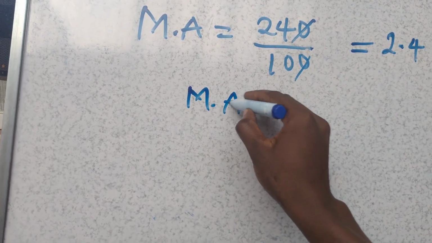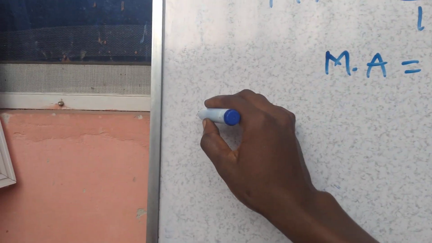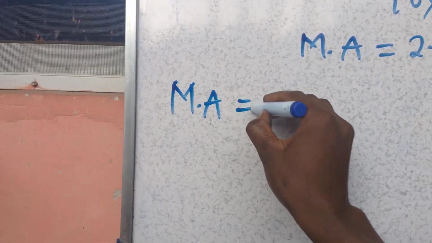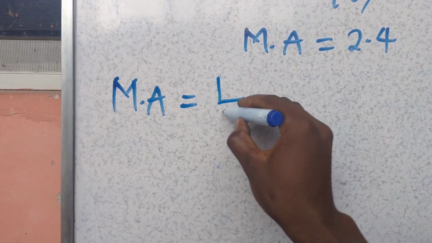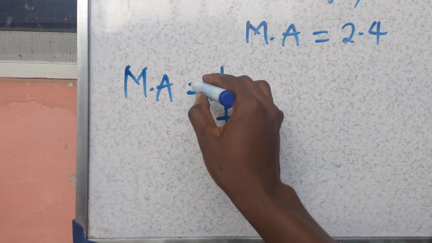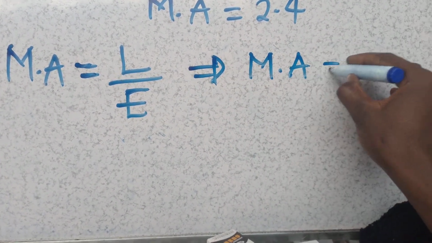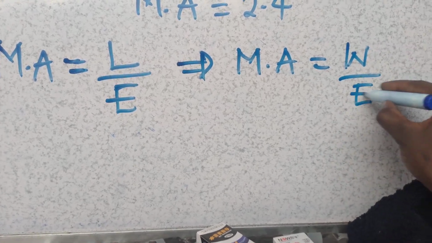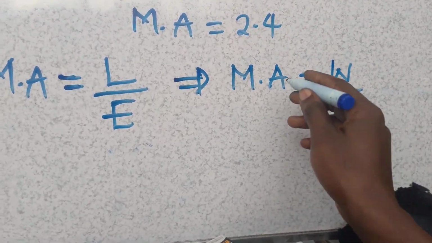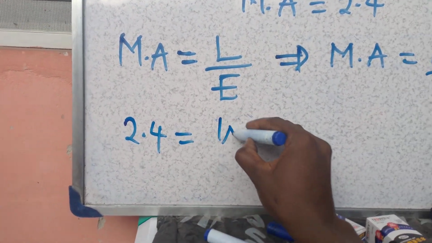So this is my mechanical advantage, 2.4. The next thing I'll do is say mechanical advantage is equal to load over effort. If you can recall vividly, load is W. So mechanical advantage is equal to W over E. Now you put the value of MA, 2.4, and W is unknown.